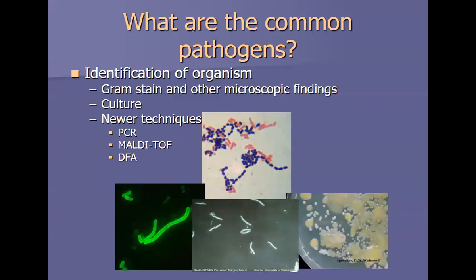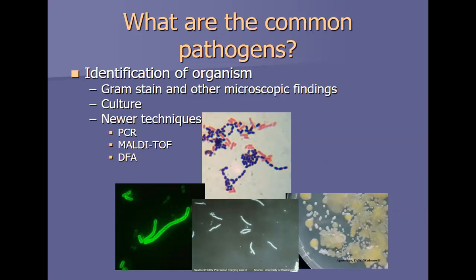But in terms of identifying, again, I mentioned we have all these tests that we can do that give us information pretty quickly, but cultures are also still really important. Ideally what we like is tissue or pus, not on a swab, but in a sterile cup, because some things don't grow from swabs, and so you'll never detect them.